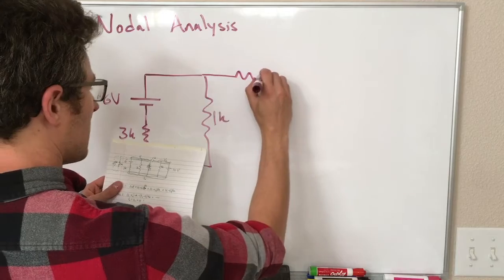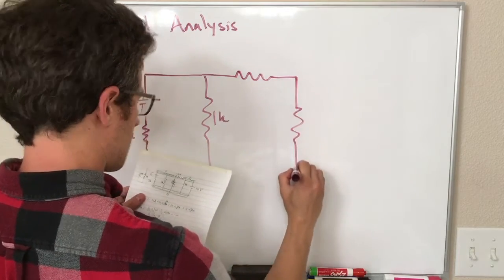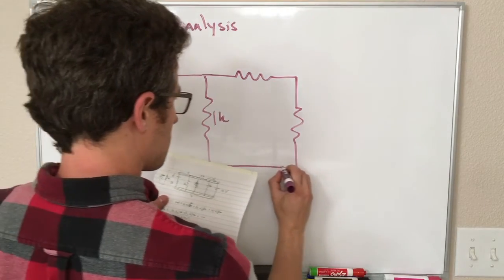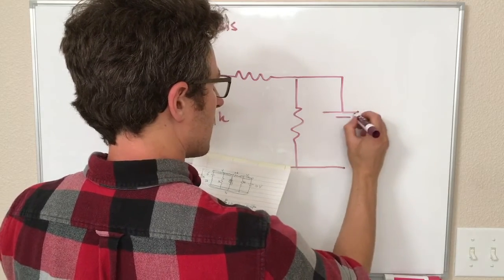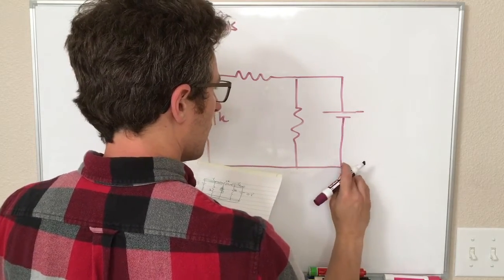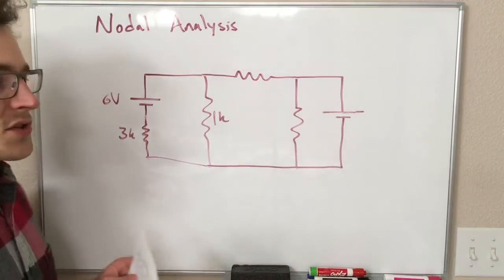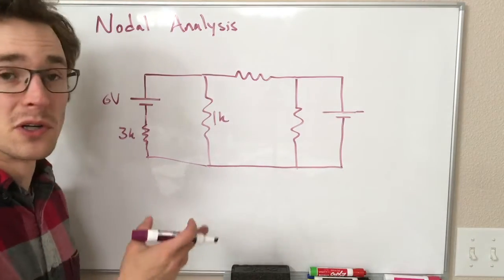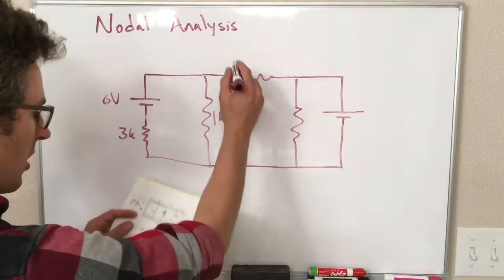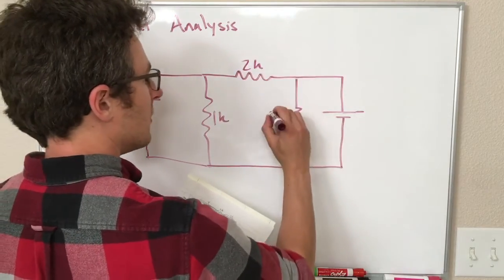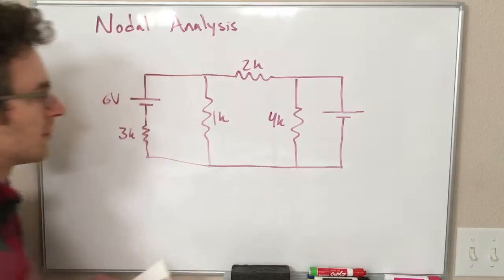Then over here we have another resistor and another voltage source. Current sources are very easy to include in nodal analysis, so you'll see why that's what that means in a second. All right, values: this is a 2K resistor. This is a 4K resistor.